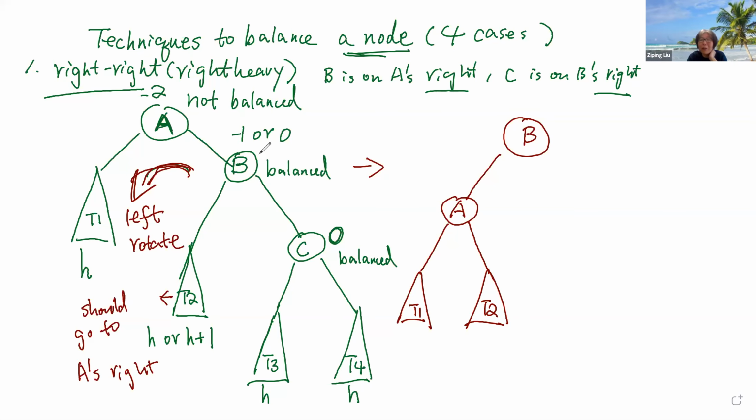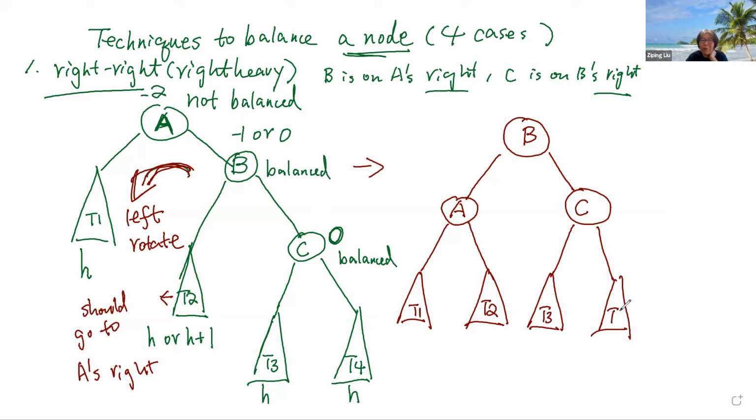And so we take care of this part. For B's right, we don't need to worry. We still have T3 and T4, and here we can write the heights: H, H, H.